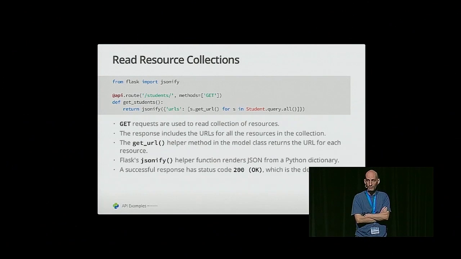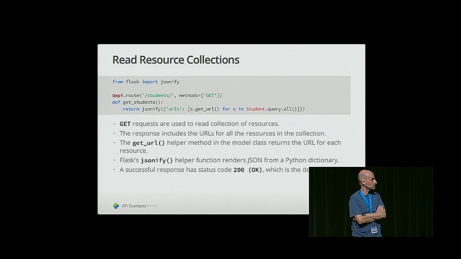First of all, I talk to my database. And for this, I'm using Flask SQL Alchemy. Again, that's my preference. You can use whatever you want. But using Flask SQL Alchemy, I get all my students. And then for each student, I ask the student to give me its URL.